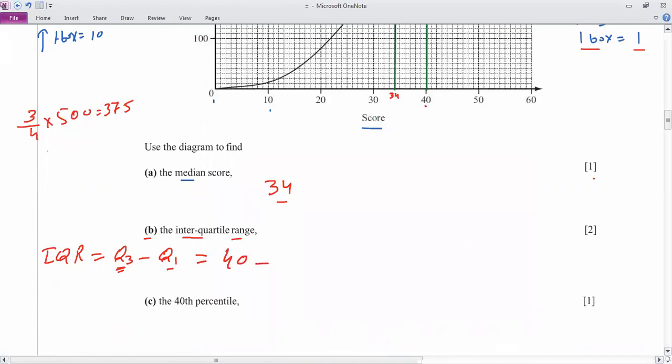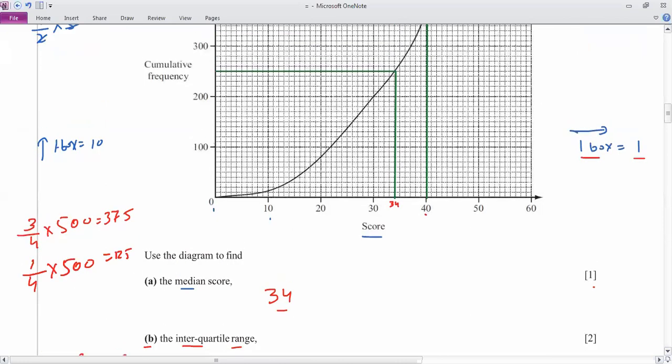Minus, we need Q1. And you know Q1 is 1 over 4 of the last cumulative frequency, so 1 over 4 of 500 is 125. Now you will come to 125. This is 100, 110, 120, so the middle will be 125.